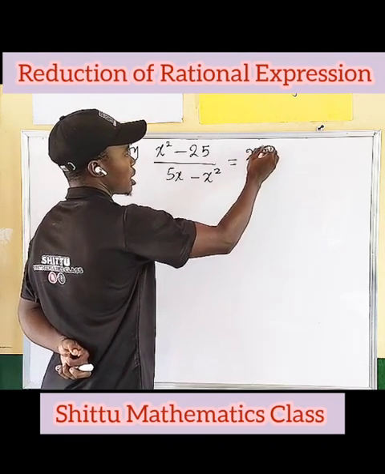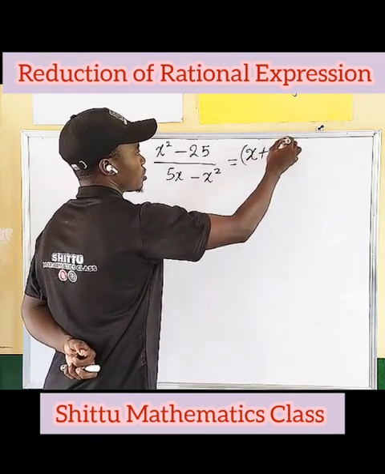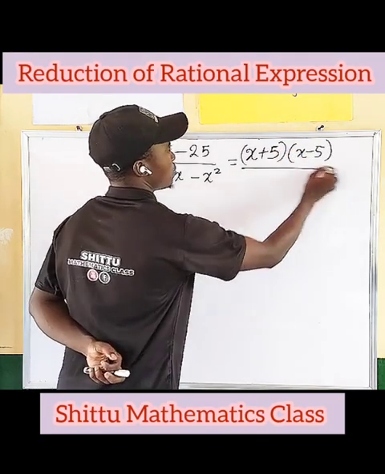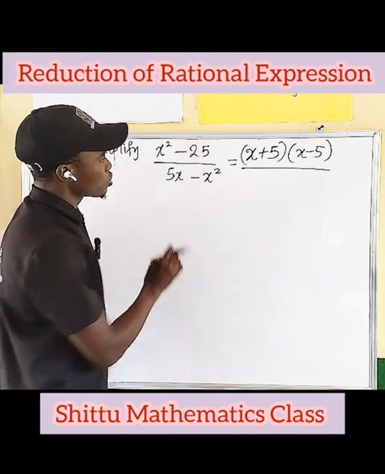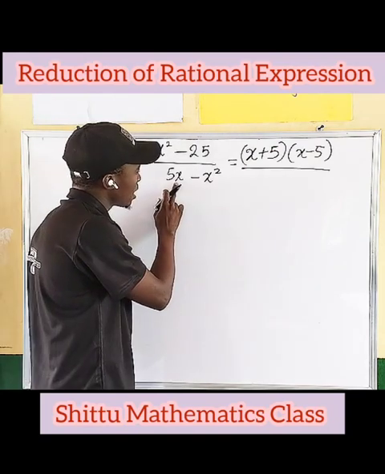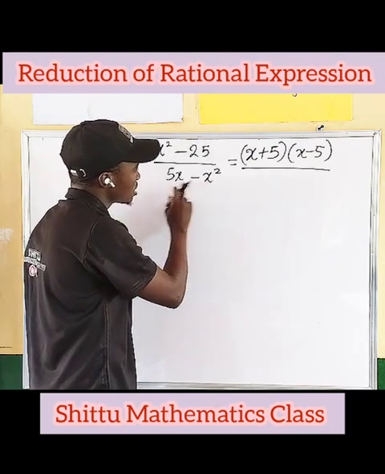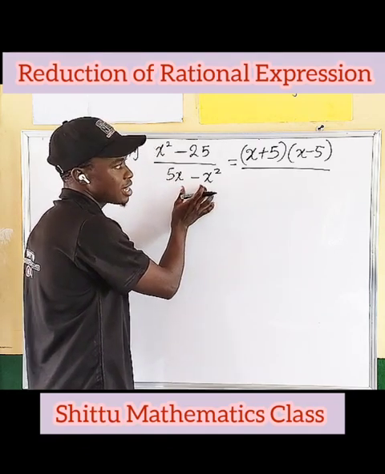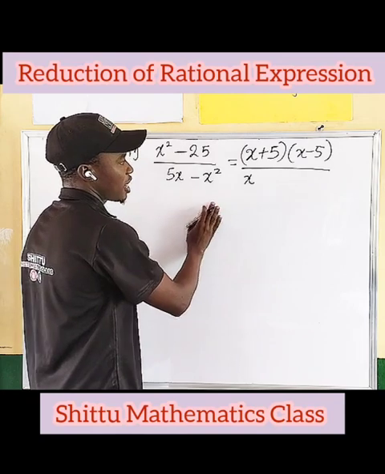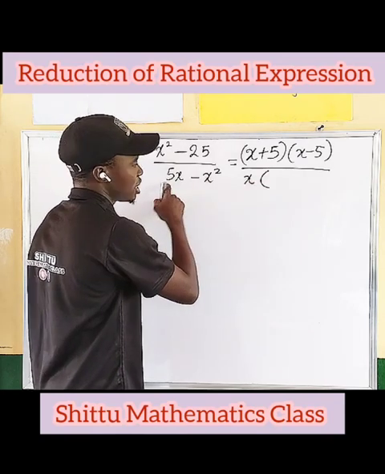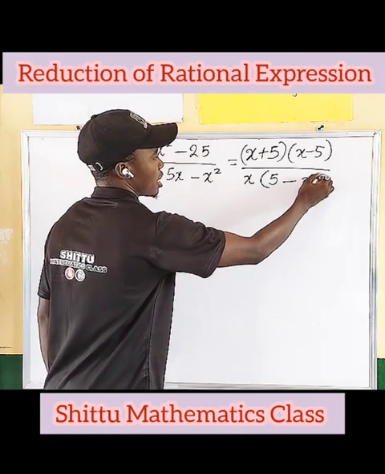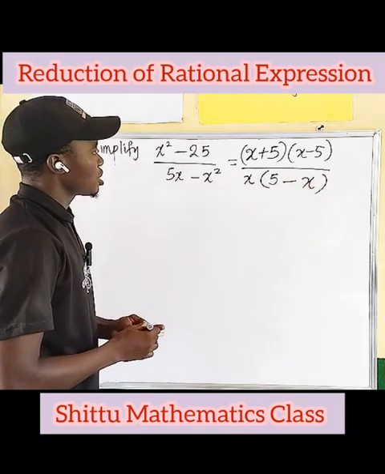You can have this as x plus 5, x minus 5, over. This one also, when you look at it, x is common. We have x here, we have x here, so we can factorize x out. We have x into bracket, so what is left here is 5, then minus what is left here, which is x.